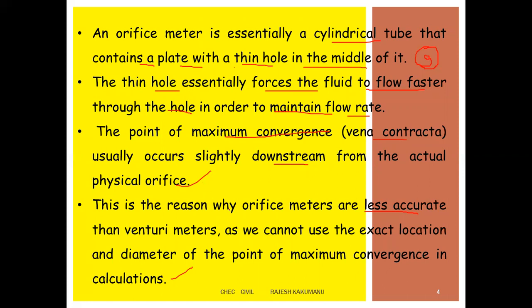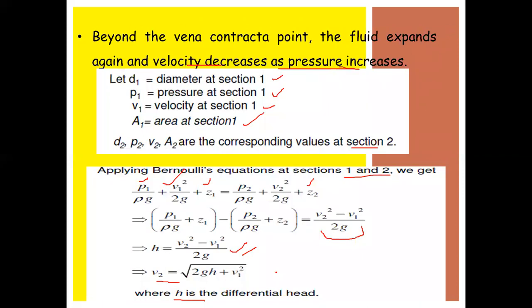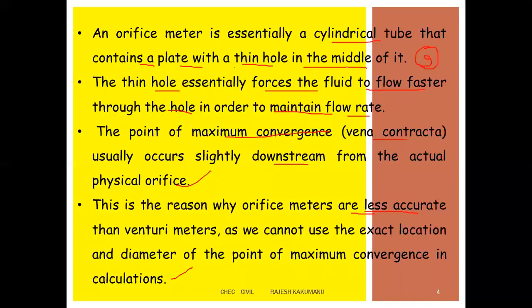That is the reason why orifice meters are less accurate compared to the venturimeter, as we cannot use the exact location and diameter of the point of maximum convergence in calculations. Beyond the vena contracta point, the fluid expands again and velocity decreases as the pressure increases.